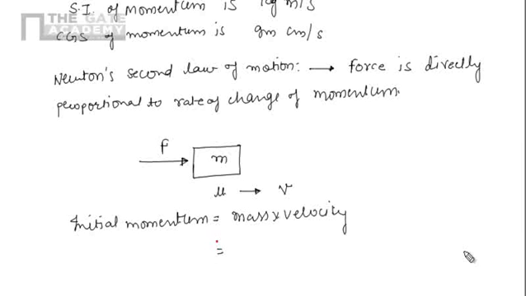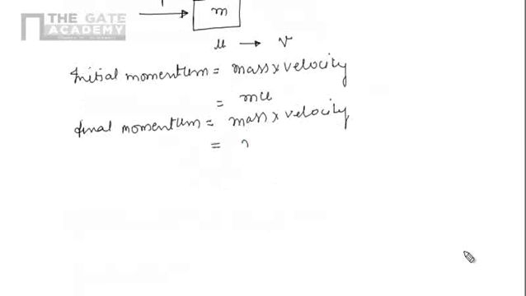So initial momentum is mass into initial velocity, that is mu. Similarly, I can write the final momentum. Final momentum will be mass into final velocity, that is mv.